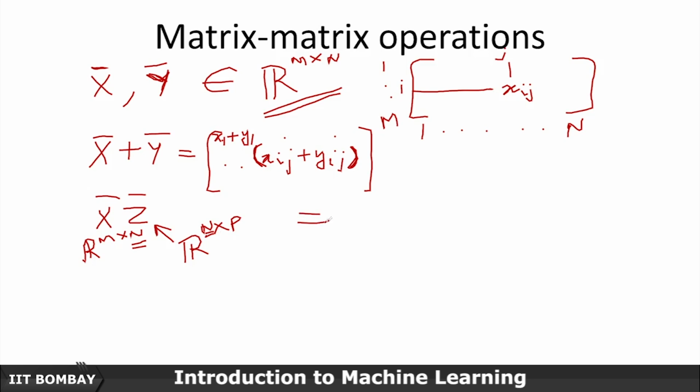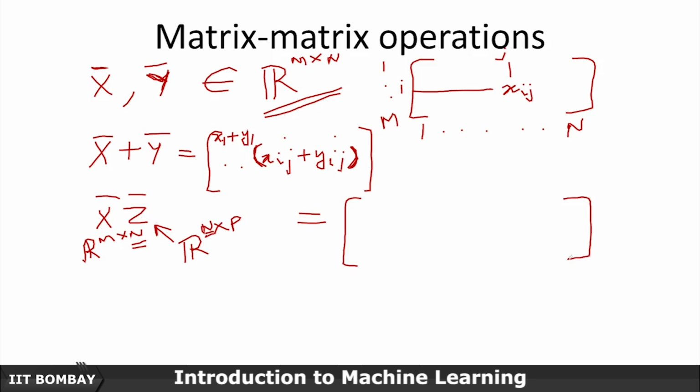So this would be simply taking the first row of X and taking its dot product with the first column of Z. That is why the dimension n has to match.